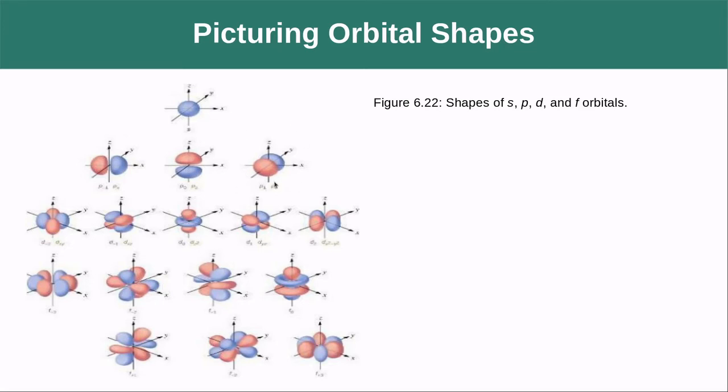At 0, you're going to have your py orbital. And then the last one, at 1, you're going to have your pz orbital. I don't know why the book arranges them this way.